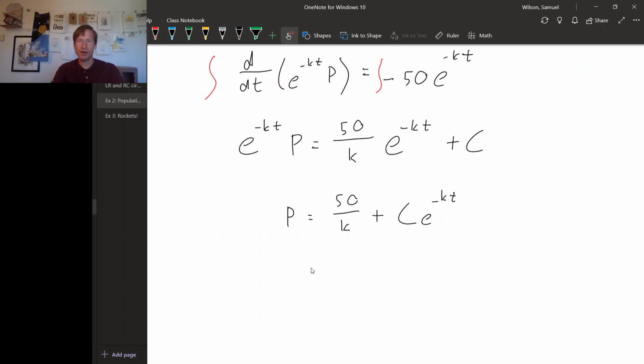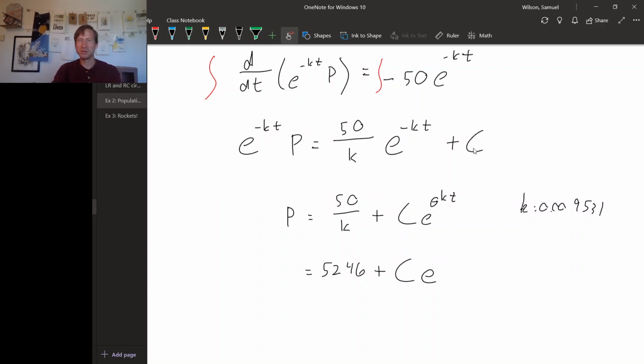So you can see, remember k is what? k is 0.009531. So we can put all of that into this now. So 50 divided by 0.009531 is 5,246 plus some constant determined by an initial condition times e to the, this shouldn't be a minus, this should be a plus, right?